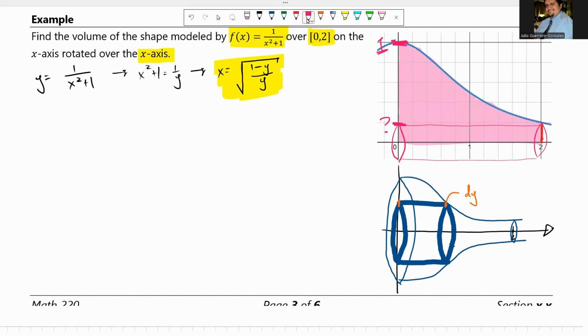All right. So how do we find these limits of integration? We have the function itself. We know that x goes from 0 to 2, so now we have to find the equivalent limits of integration, but along the y-axis.